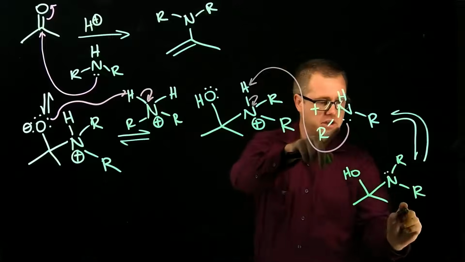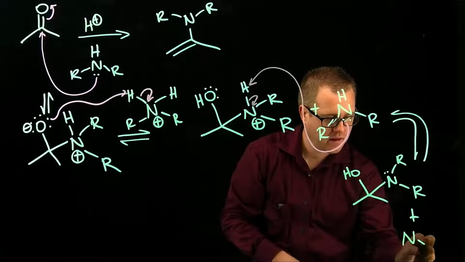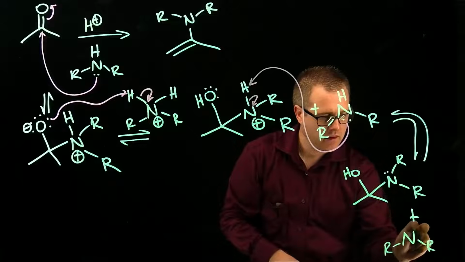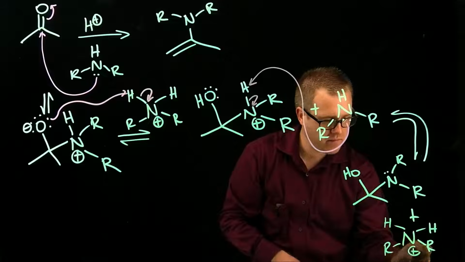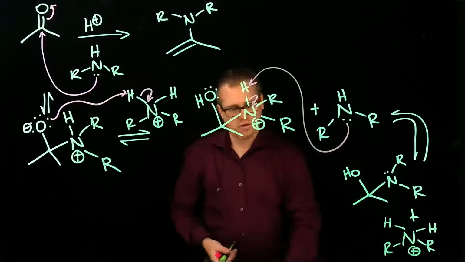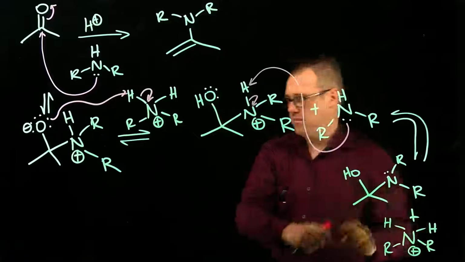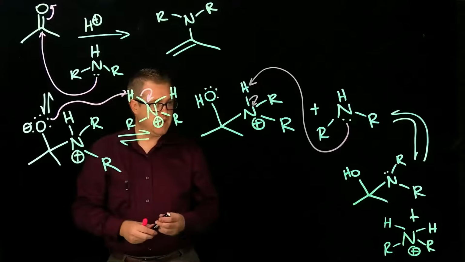And then what did we regenerate again? We generated our acid. Hydrogen, hydrogen, and that would be what? Positively charged. Now this molecule right here, this has a name, a very special name, and that's the carbinolamine.